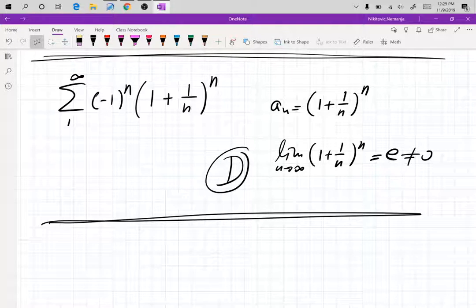And that one was in section 10.4. Oh, you didn't write the numbers. So the first one is in 10.4. Geometric and telescoping are in 10.3. P series is 10.4. Alternating is 10.6. Integral test is 10.4.